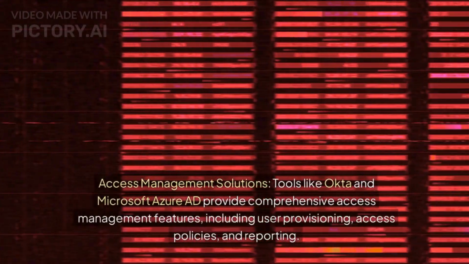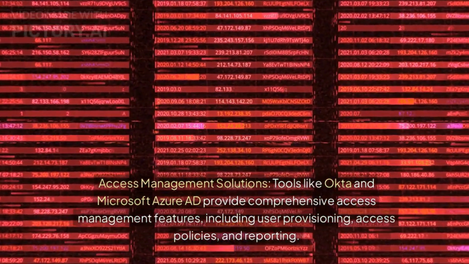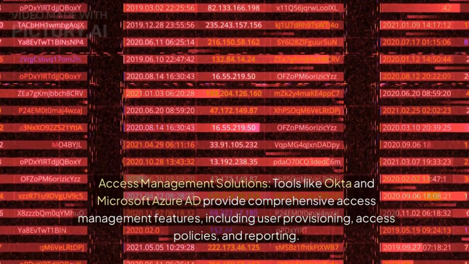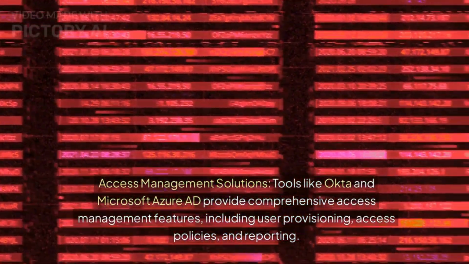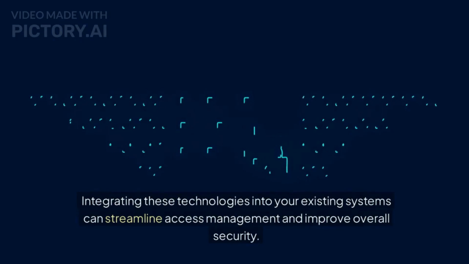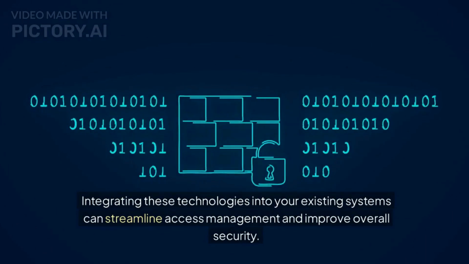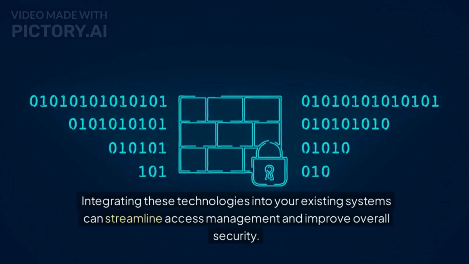Access management solutions. Tools like Okta and Microsoft Azure AD provide comprehensive access management features, including user provisioning, access policies, and reporting. Integrating these technologies into your existing systems can streamline access management and improve overall security.